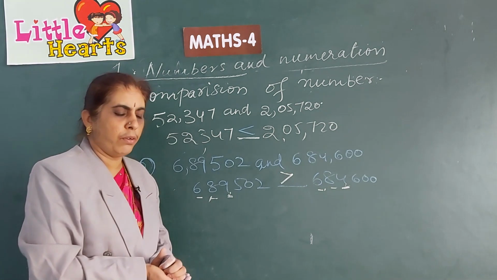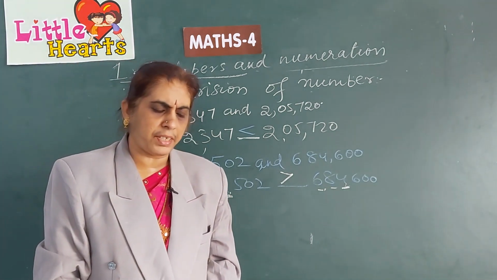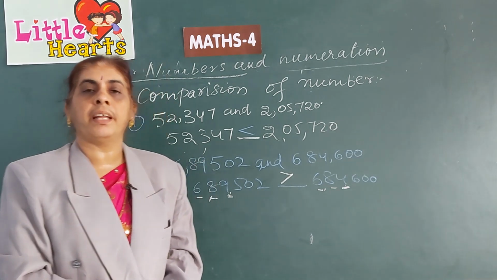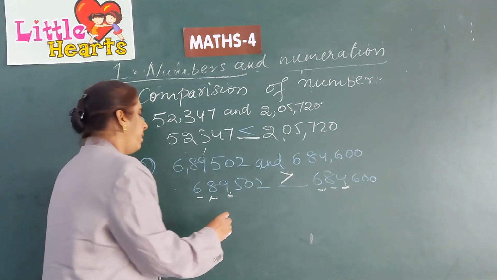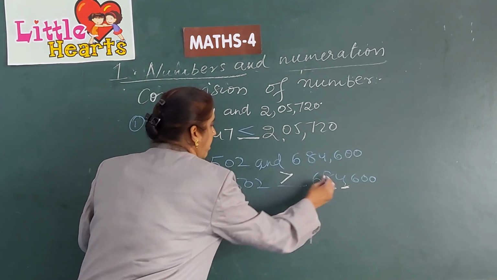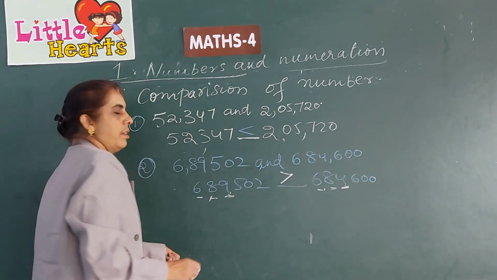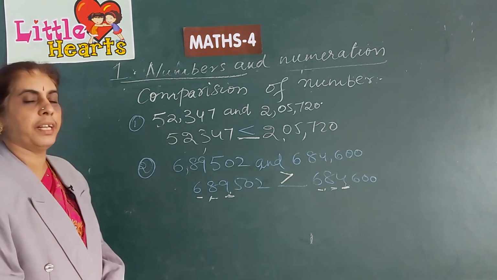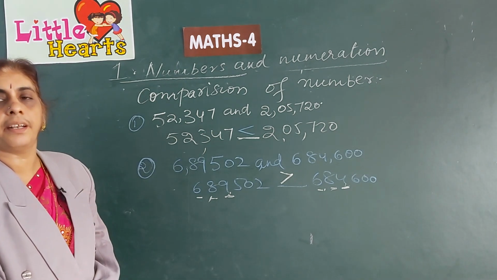If you know which number is bigger and which is smaller, you can easily write given numbers in ascending order or descending order. So now let us go with ascending order and descending order.